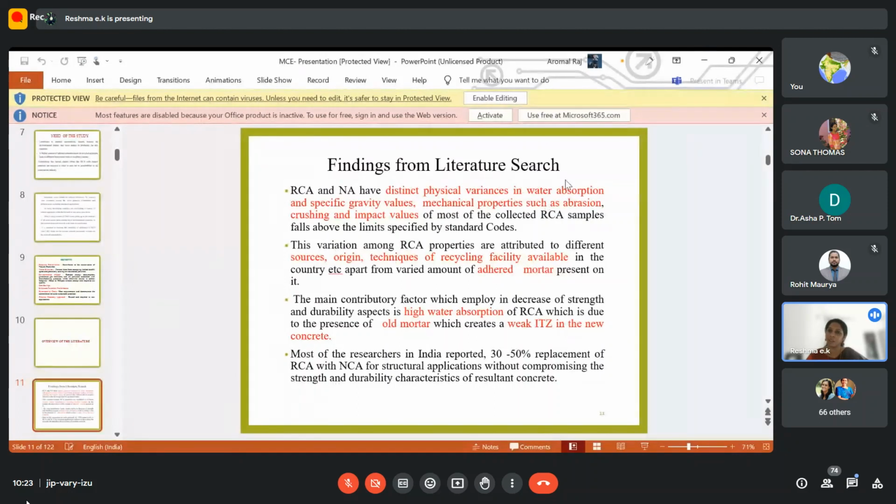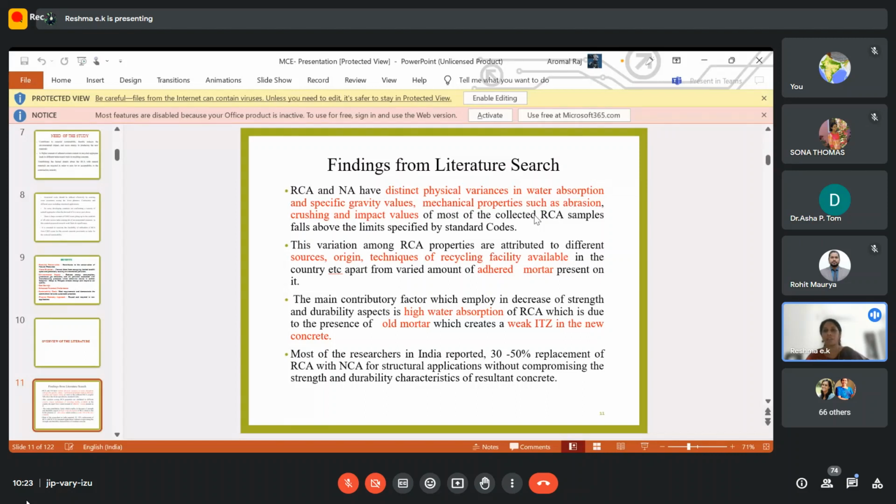So then you need to see why this water absorption is more. The reason behind this, most of the literature says, is the residual mortar present on the aggregate. Any recycled aggregate you see, some amount of the old mortar will be present on the surface.